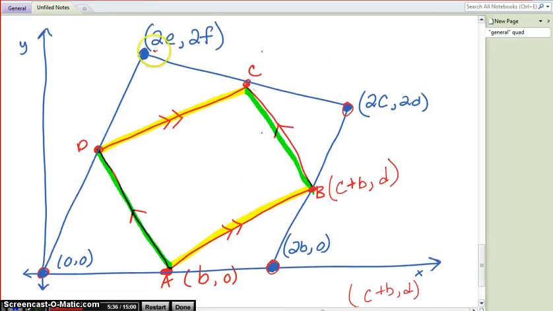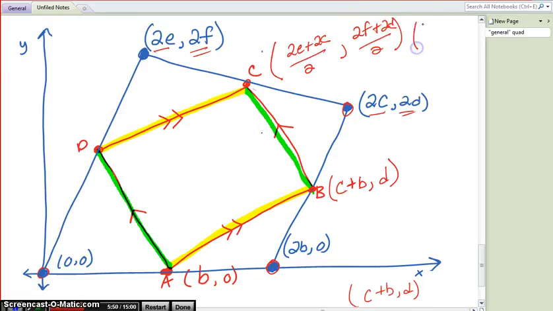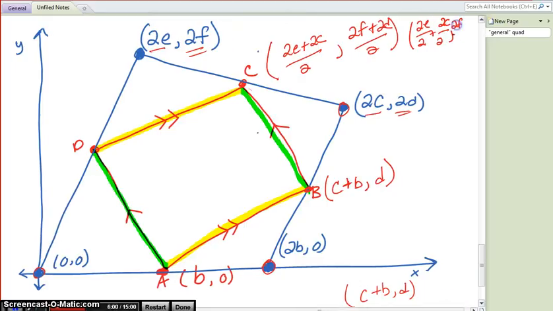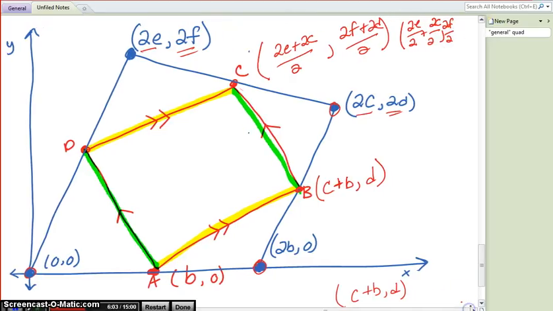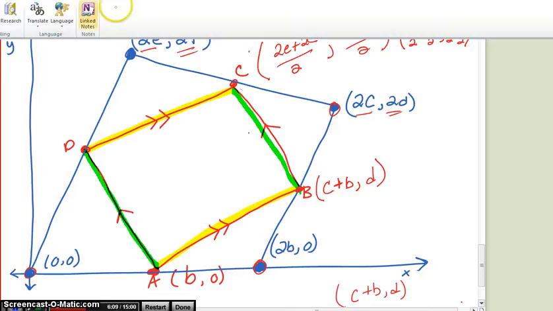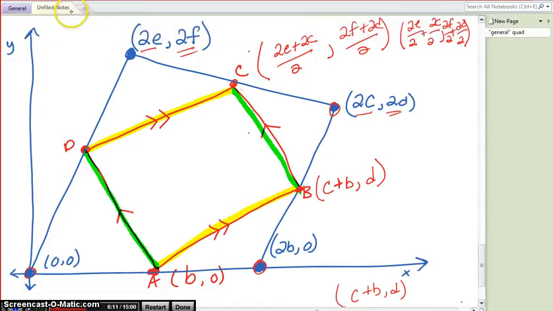Let's average e and c, and let's average f and d. When we simplify that, we have 2e over 2, 2c over 2, and 2f over 2, plus 2d over 2. That allows us to do some canceling. So the 2's cancel in each place.